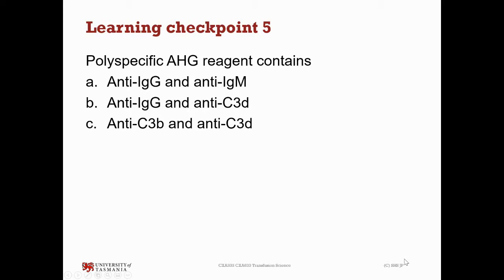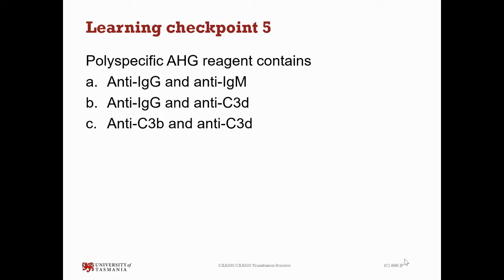All right, polyspecific AHG reagent contains A, anti-IgG and anti-IgM, B, anti-IgG and anti-C3d, or C, anti-C3b and anti-C3d. Yeah, so the polyspecific AHG reagent that we use contains anti-IgG and anti-C3d.